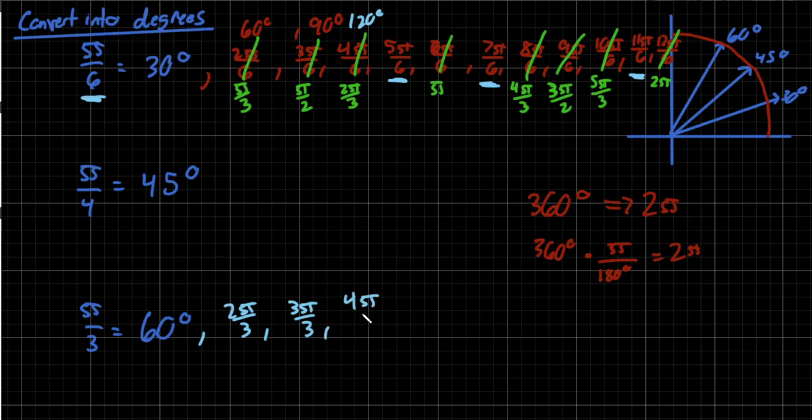Kennedy, what's next? Liam, what's next? Should I keep going? No. Why not, Angel? Yep. So this simplifies to 2 pi.